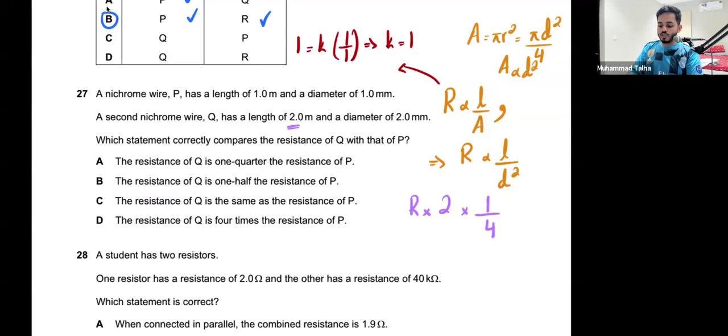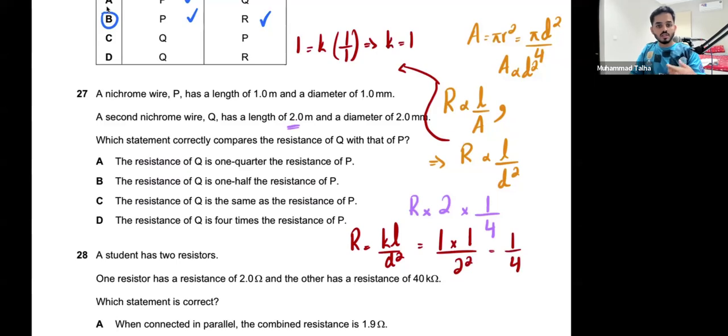And then I use the same equation, R equals K times L over D squared, right? So I basically use this equation. The square of 1 would also be 1. And now I use K as 1, L as 1, and diameter as the square of 2, so this would be 1/4.